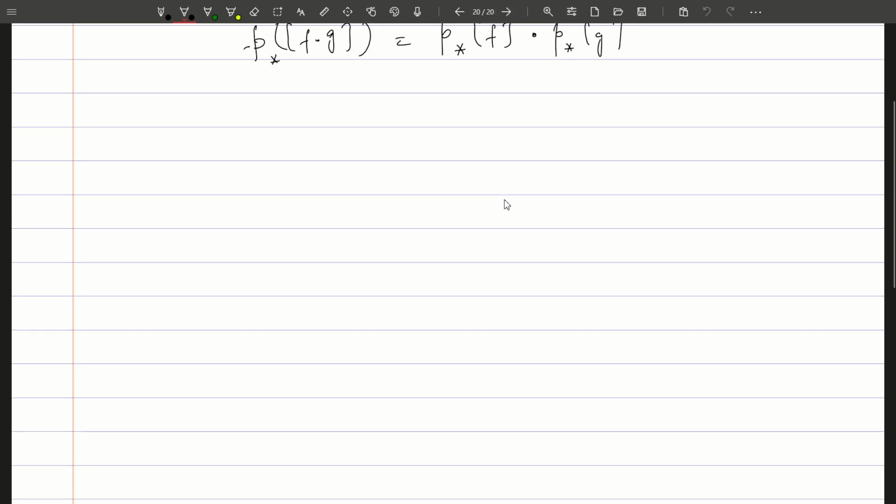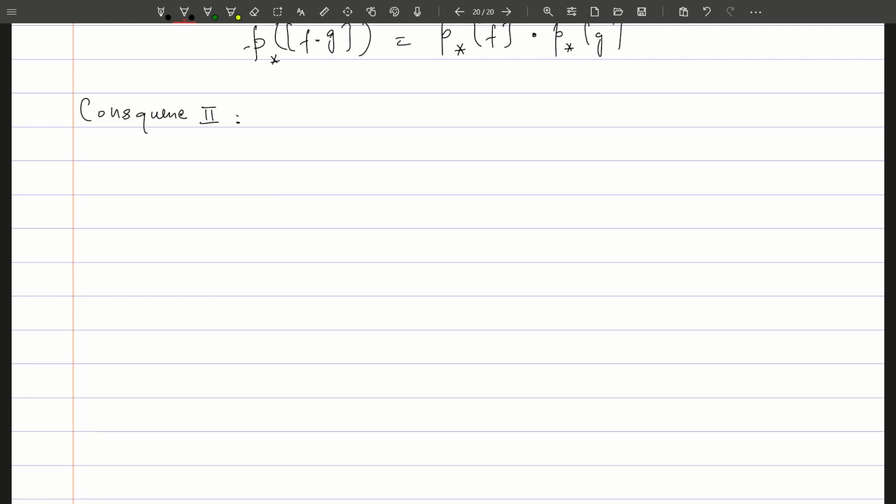Now let us prove the consequence 2 of the homotopy lifting property. So consequence first we had done in the previous lecture. So we have consequence second.